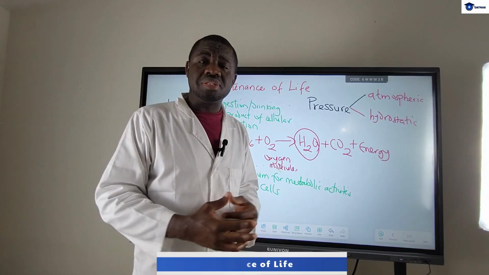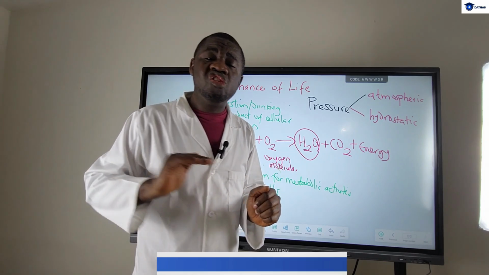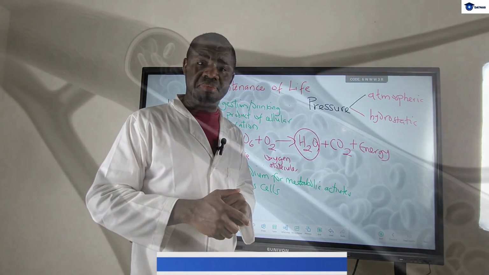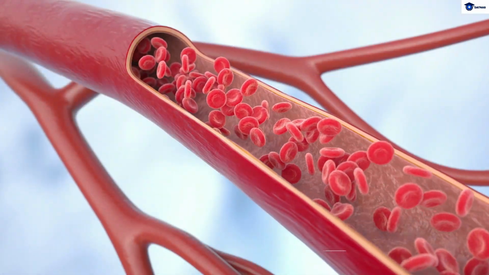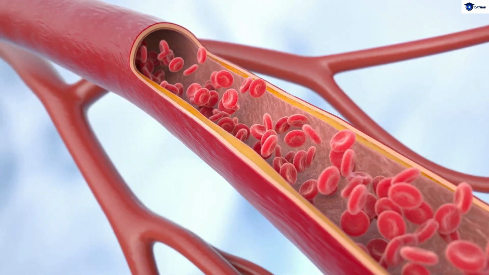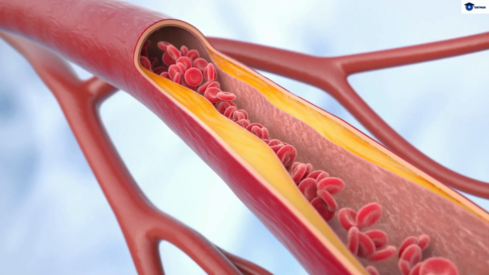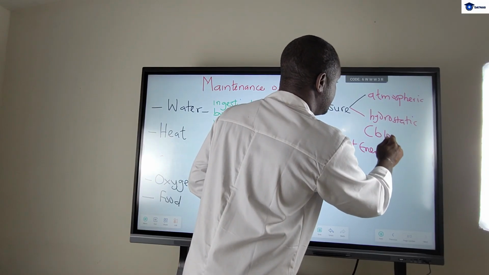In humans, hydrostatic pressure helps to maintain the flow of blood within the body. A good example of hydrostatic pressure is the blood pressure.